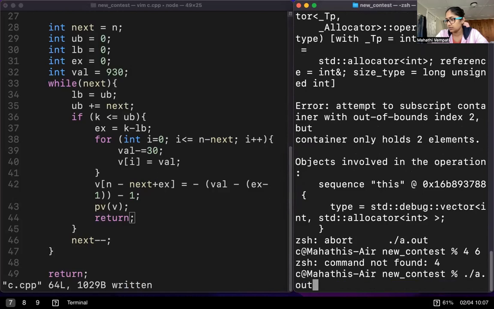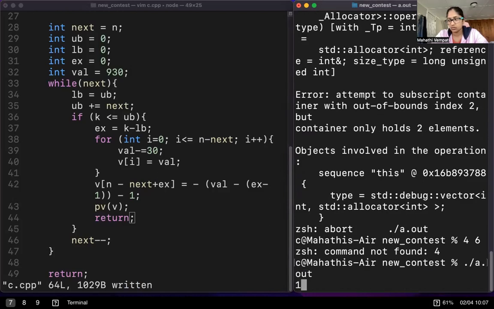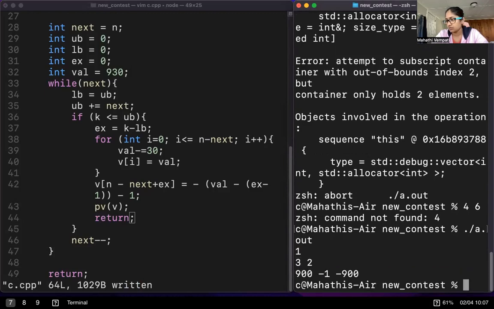Okay, let me just try dot slash a dot out. One test case. 900 minus 1, 900 minus 900, which is what I wanted, right? Okay.